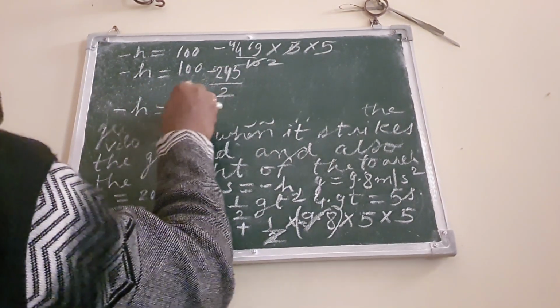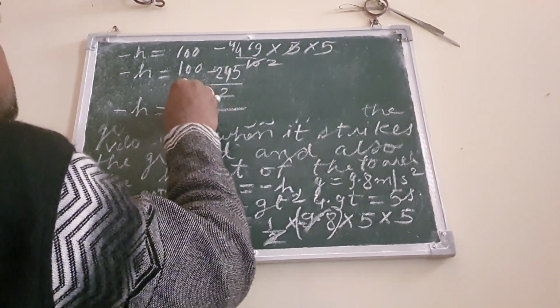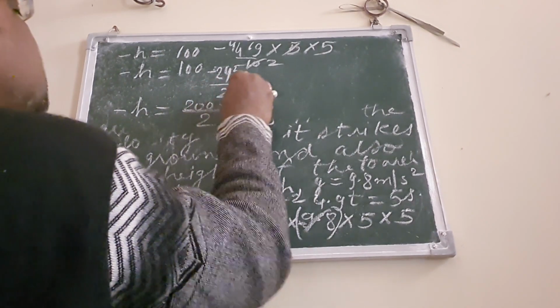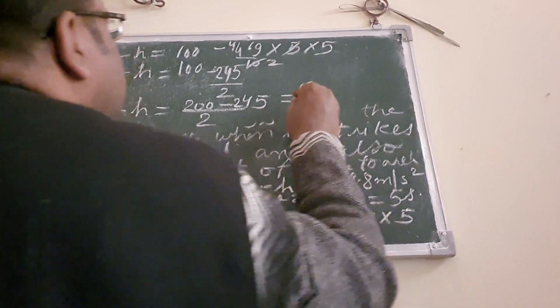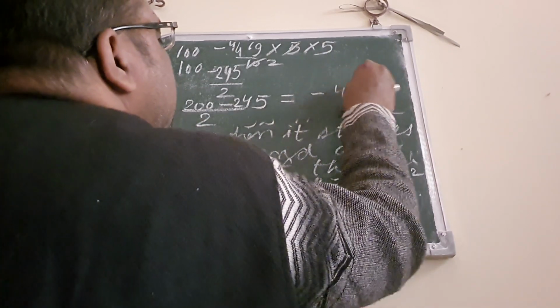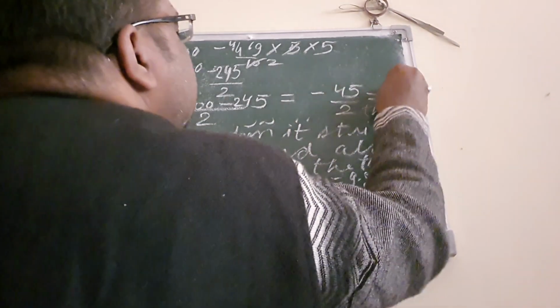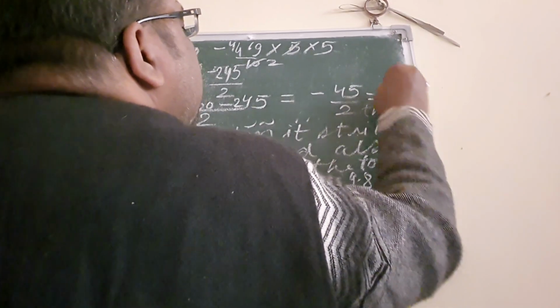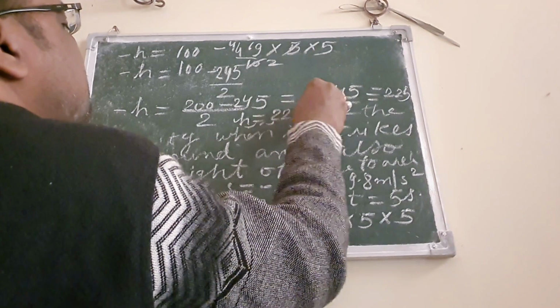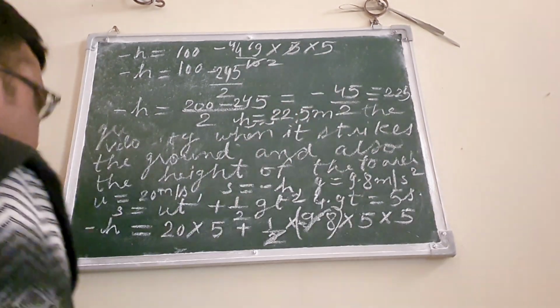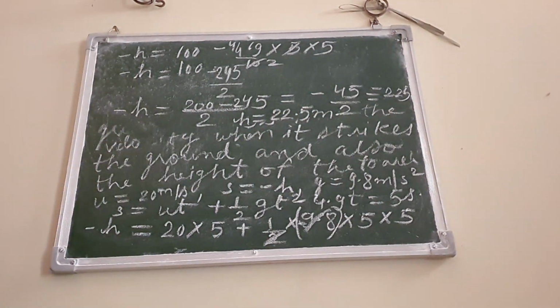So h is equal to 200 minus 45 by 2. So it is coming out to be minus 45 by 2, which is 22.5. Minus h is equal to minus 22.5, so h is equal to 22.5 meters. So this is our answer.